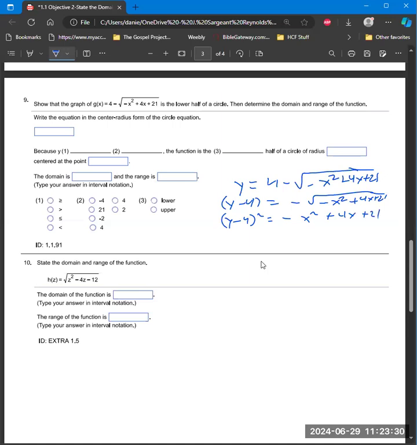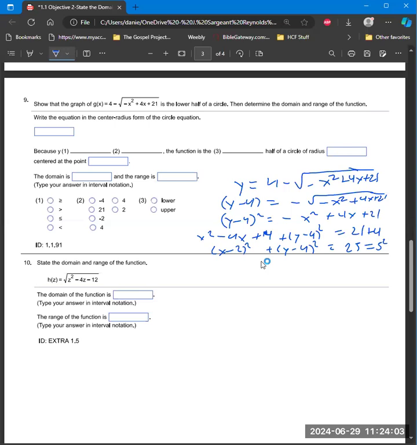Let's take the x squared and the negative 4x over here. Half of this middle number squared is going to be 4, so we'll add 4 to both sides. This is x minus 2 squared plus y minus 4 squared is equal to 25, which is 5 squared.